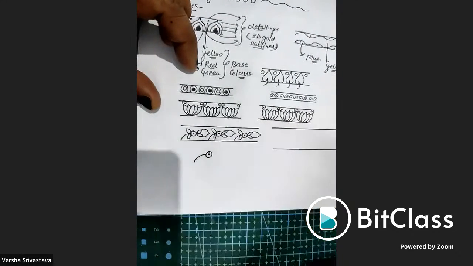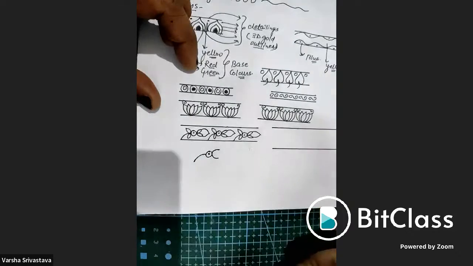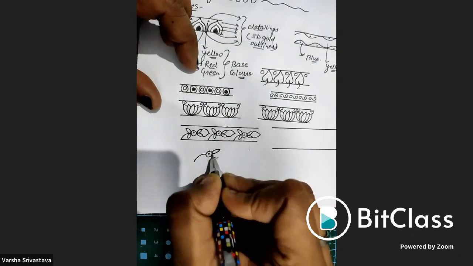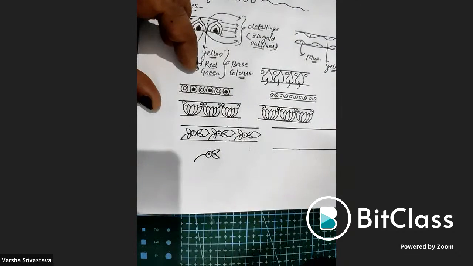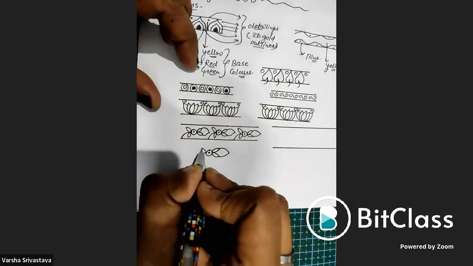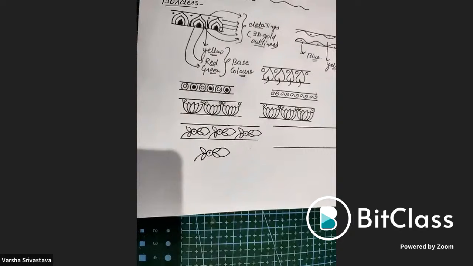I kept the dot. Okay. I made the semicircle like this. I made one curve from here, another one from here, and then the dome like this, and then two leaves like this. I hope this is clear, Pallavi ji. Yes, it is.